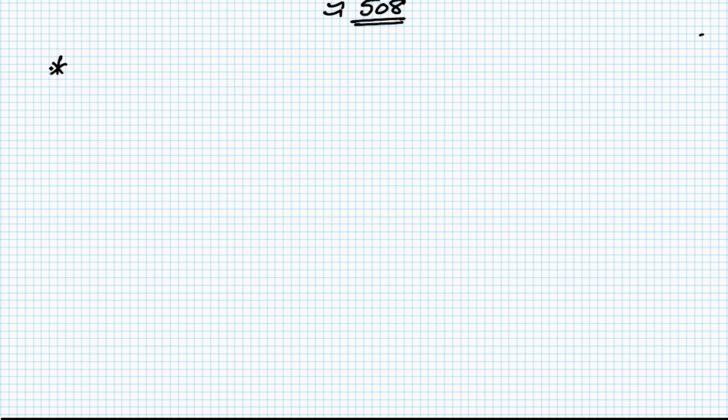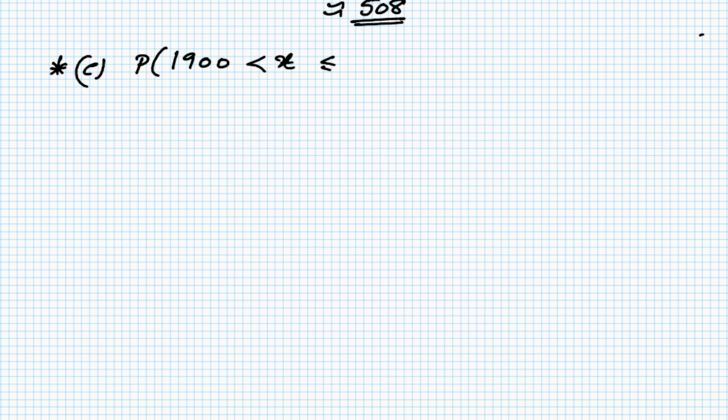Let's move further. So this is part C, right? And in case of part C, our intention is to find the probability that 1900 is less than X is less than, even you write equal to, doesn't matter, less than or equal to, absolutely fine, 2100. Okay, right, so convert everything into the Z now.